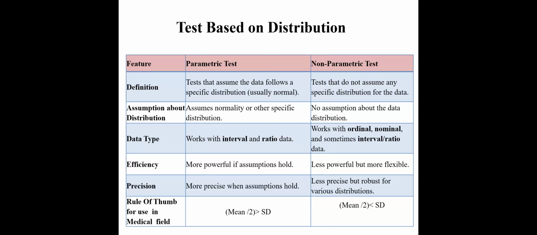If this assumption fails, we straightforwardly do the non-parametric tests like Kruskal-Wallis, rank sum, which are the non-parametric tests.